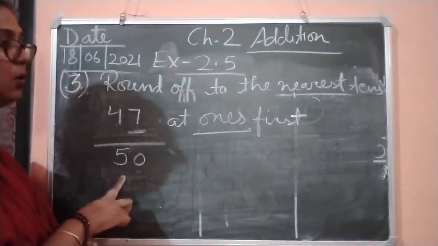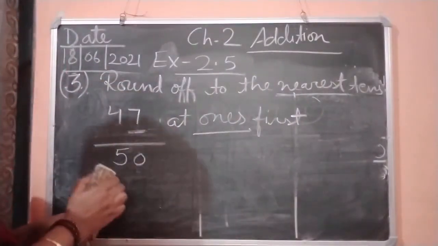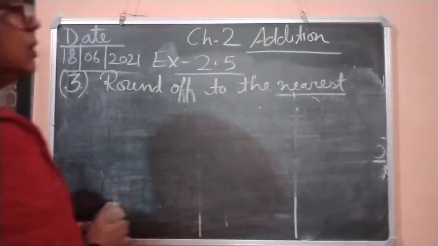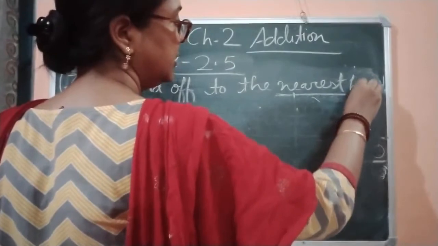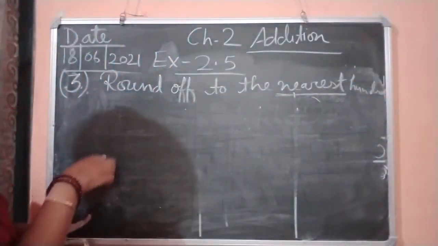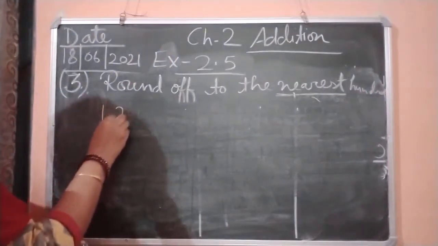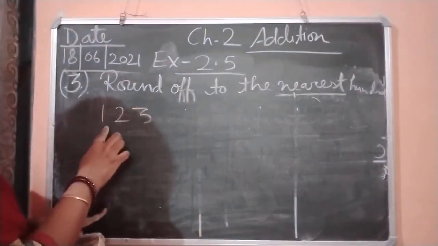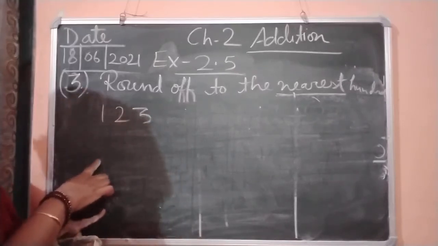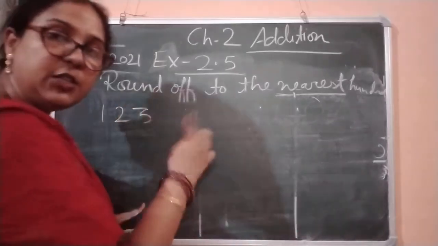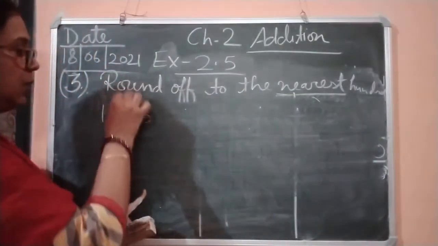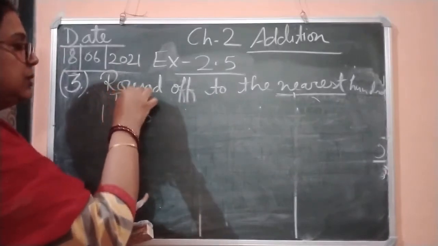Now the next one is rounding off to the nearest 100. Recently we completed the third exercise on the nearest 100. Suppose it is written 123. For rounding off to the nearest hundreds, first we will see the tens place. What is at the tens place? 2 is there.